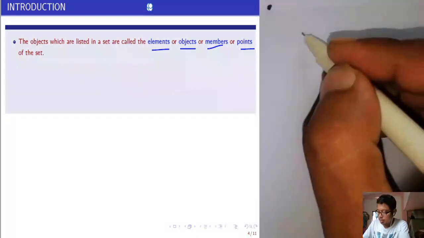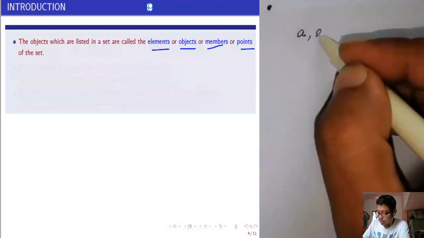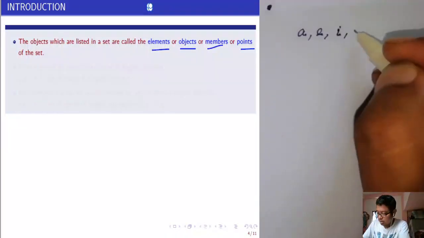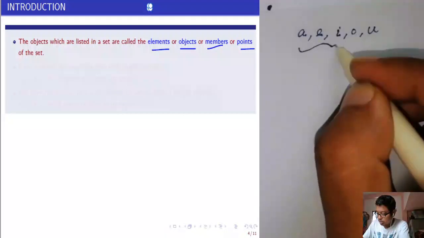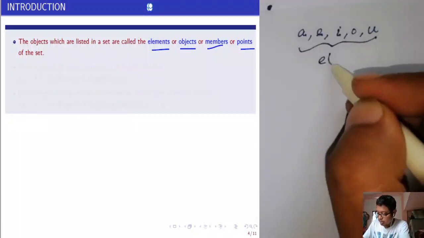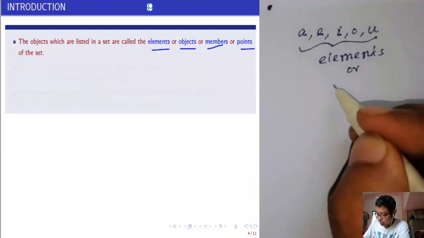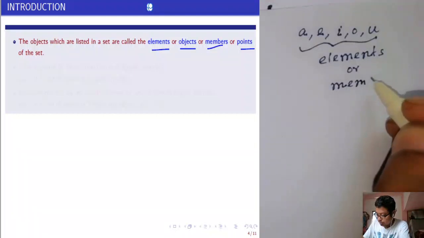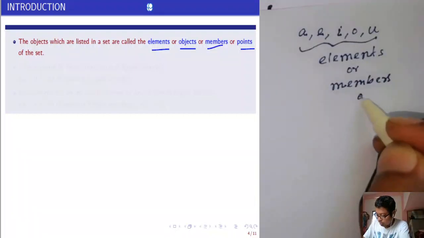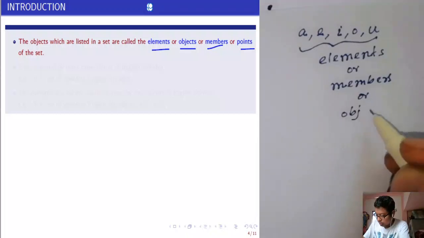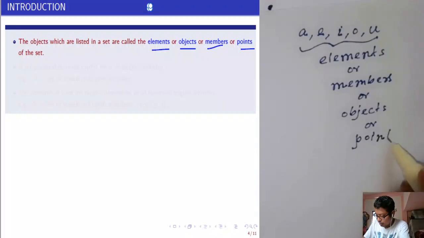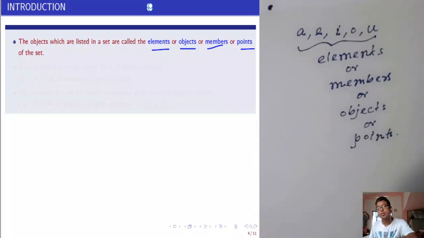Suppose I am collecting the vowels A, E, I, O, U. These are all called either elements or members or objects or points. By any one of these four words I can refer to them; these four words are synonyms.